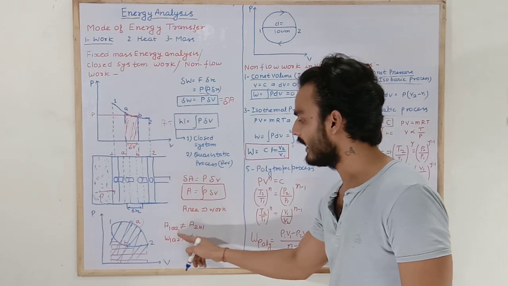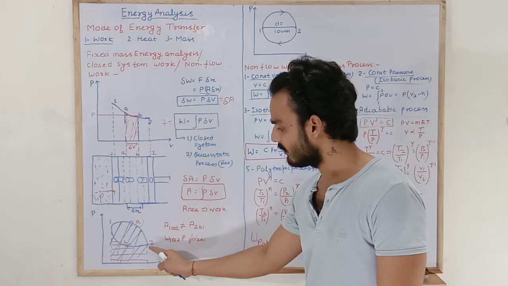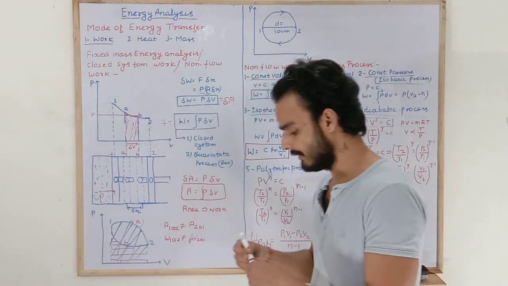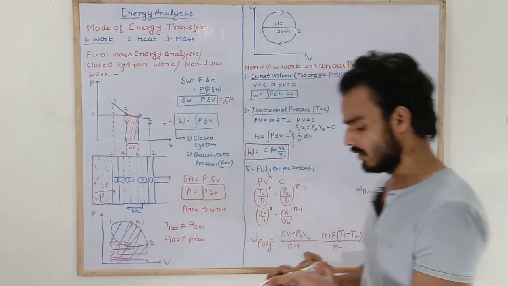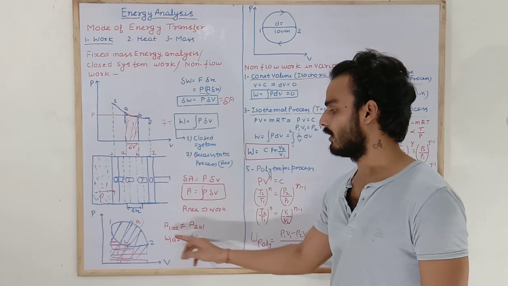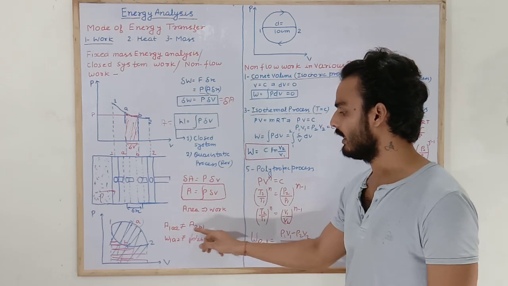From 1A2, if the system is going from 2 to 1, this red area I am calculating, from 2 to 1. These two areas are not equal: area 1A2 and A2B1 are not equal.